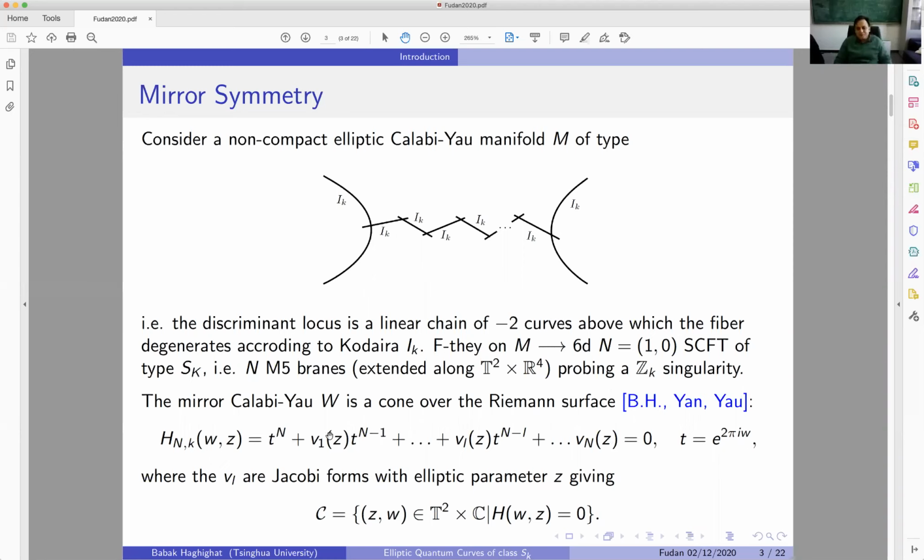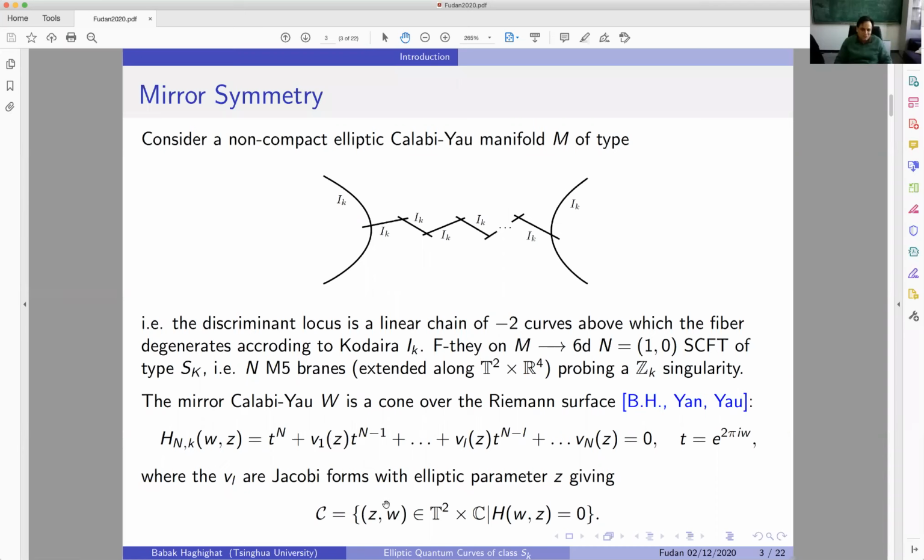And the coefficients here are important because for this type of Riemann surface, these coefficients are not ordinary polynomials in z, but they are Jacobi forms. We have two variables again, w and z. So t is the exponential of w, and z is the other variable, which now lives on the torus.